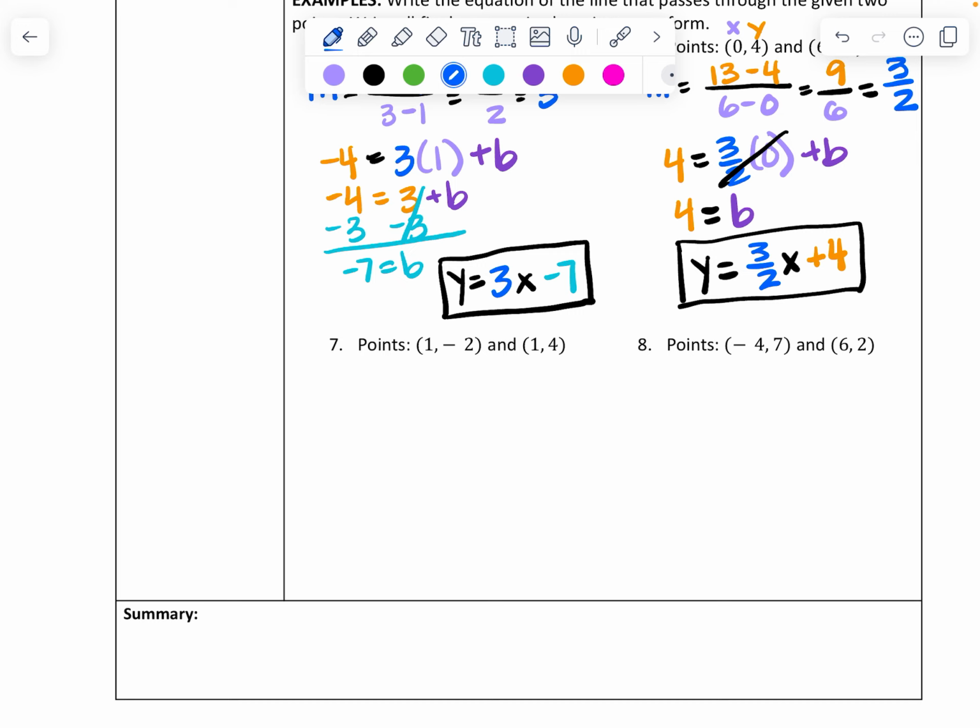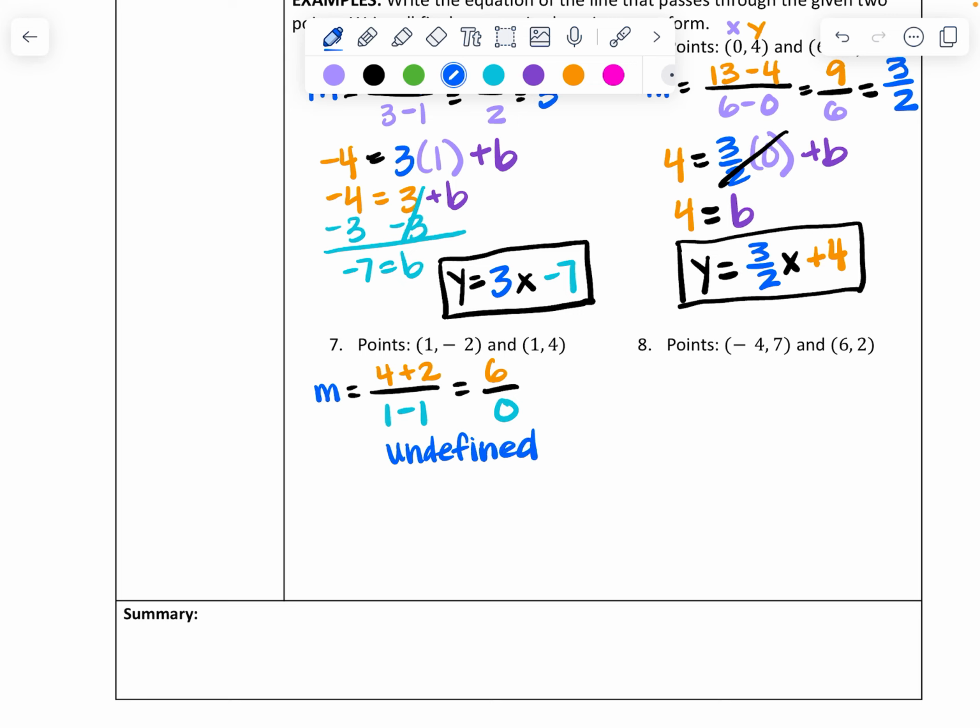Okay, if you've already solved for 7, let's calculate the slope. We have 4 plus 2, because we're subtracting a negative, and 1 minus 1. So we end up with 6 over 0, which anytime you have 0 in the denominator, we know that this slope is undefined.